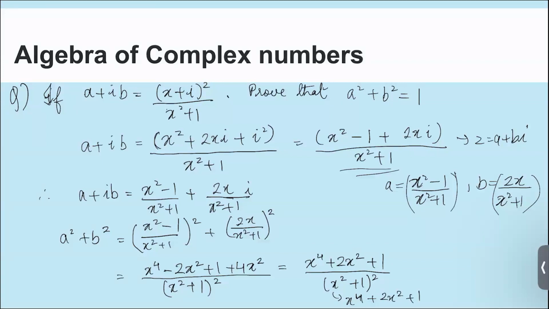So hence the numerator and denominator cancel each other out, and what you're left with is 1. So this is hence proved. You can see that we used identities, we also used quadratic equations to solve, and we can prove when we are given such expressions.